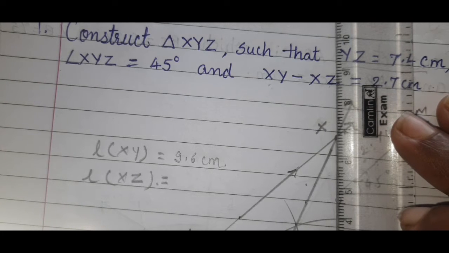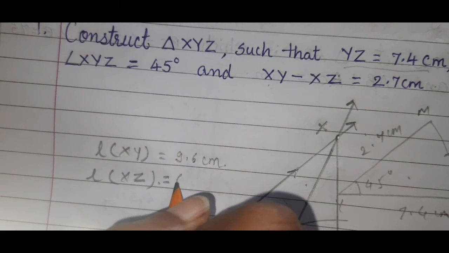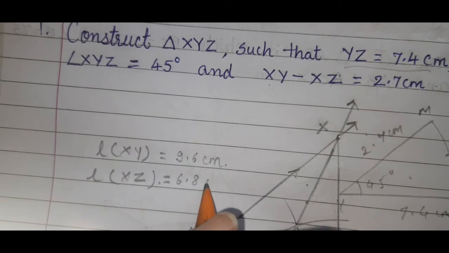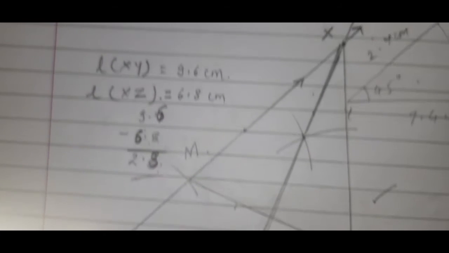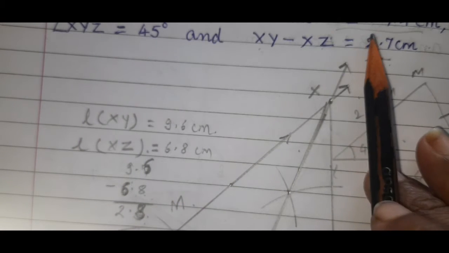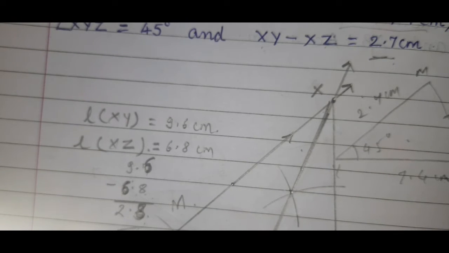XZ is 6.8 centimeter. When I subtract 9.6 minus 6.8, what do I get? I get 2.8, which is near 2.7, meaning our construction is correct. As I told you, it may be 2.8 or 2.9; a 0.2 difference is acceptable above or below the given value.